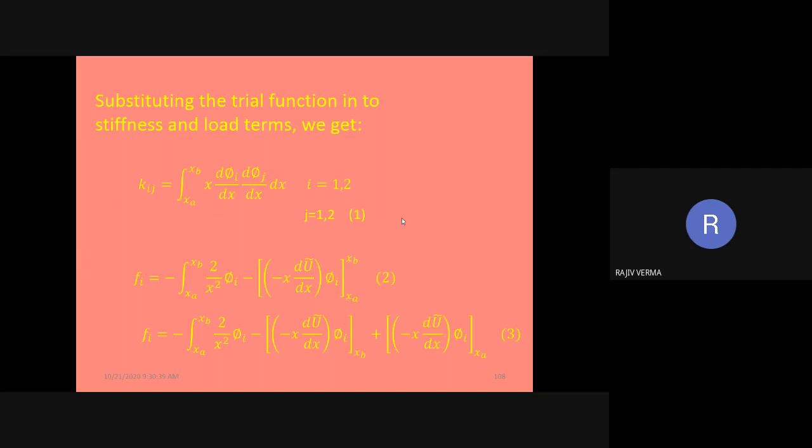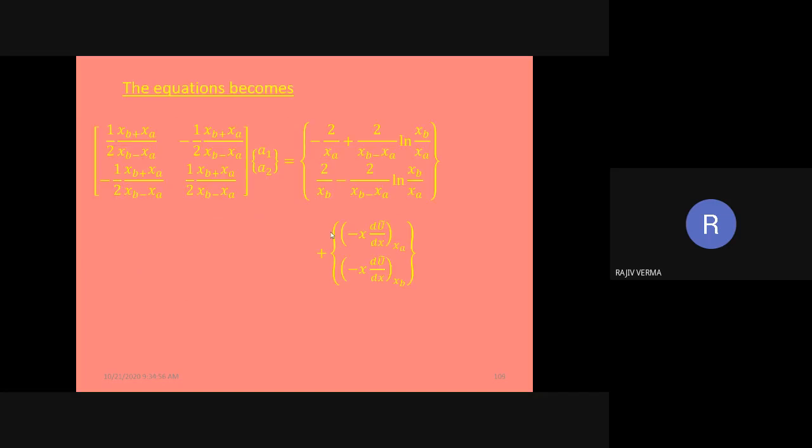Now, keeping these two equations in a matrix form, the equation becomes, and in this particular equation, when we substitute the value of xa and xb and the value of flux, we get the resulting equation, which is equation number 1 on display.